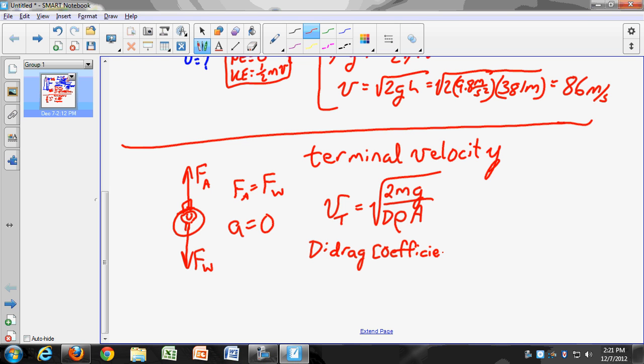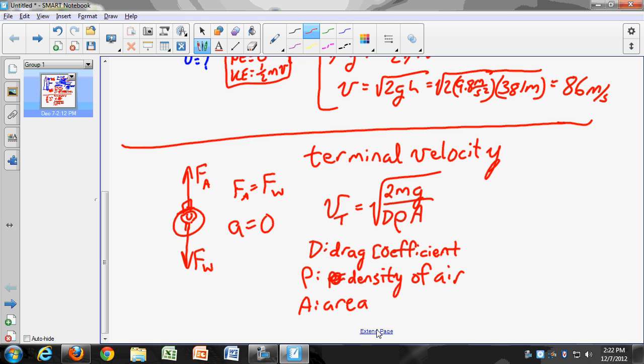You can find a nice piece on Wikipedia about terminal velocity and drag and all that, probably more than you really want to know. Rho is the density of the fluid through which it's traveling. In this case, that's going to be air. And then, what else do I have? Oh, A is the area of our object.